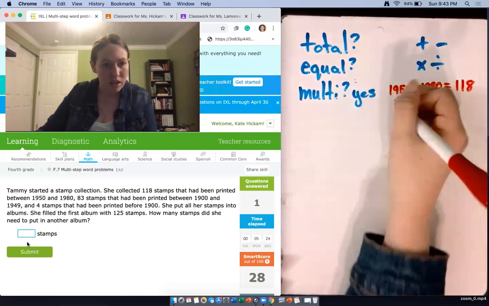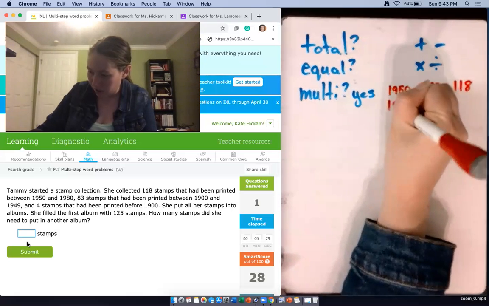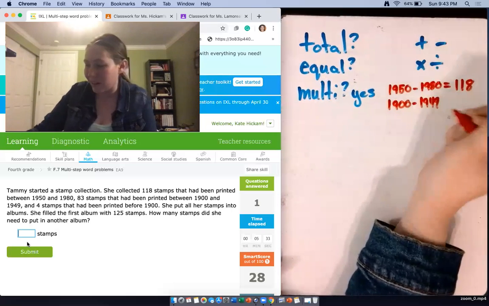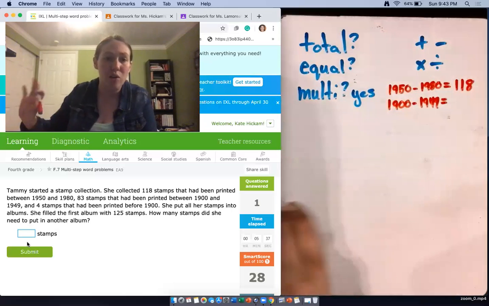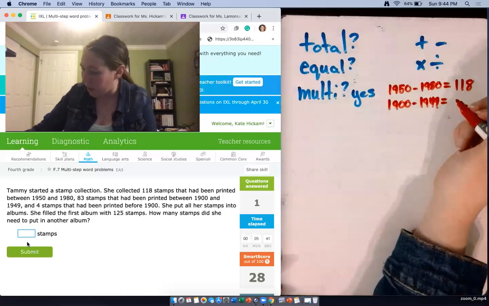Okay. Then 1900 to 1949. Notice how my numbers are kind of blurry for that. I don't really care. I'm getting that extra information out of the way. And that's when she had 83 stamps.